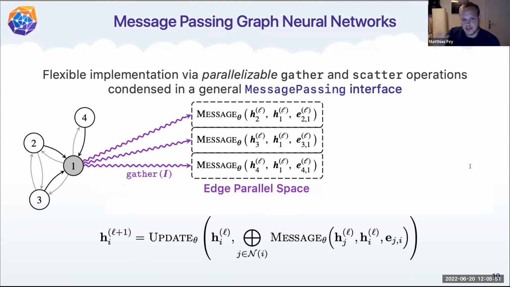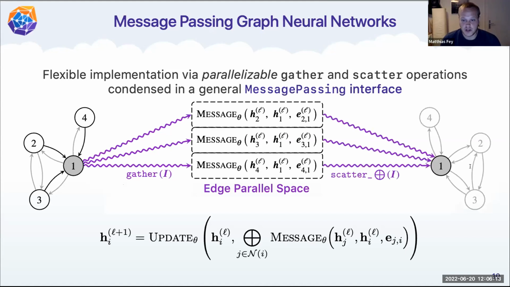And so for each message or each edge we want to compute a message for, we actually materialize all the different representations. And that means that we can now apply any message function we want in the batch-wise mode, or in the parallelized edge level representation mode.